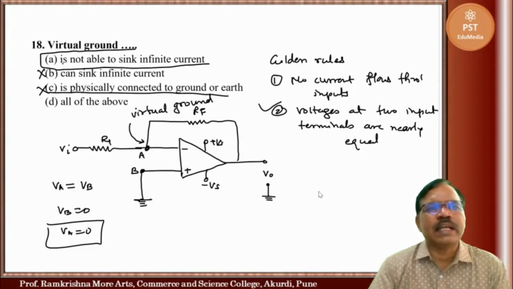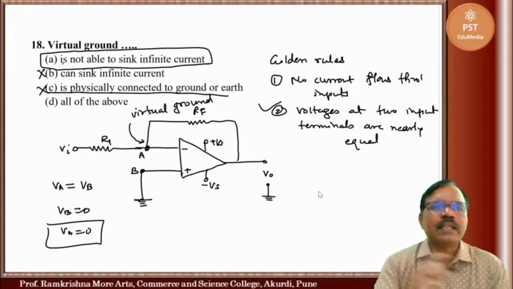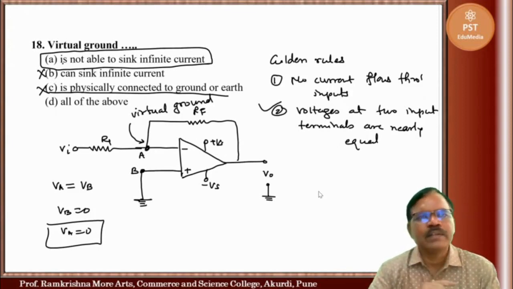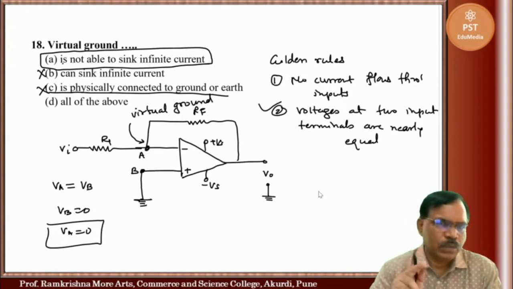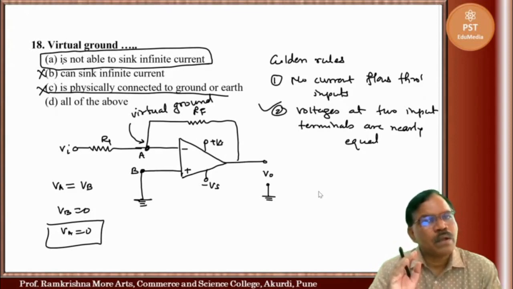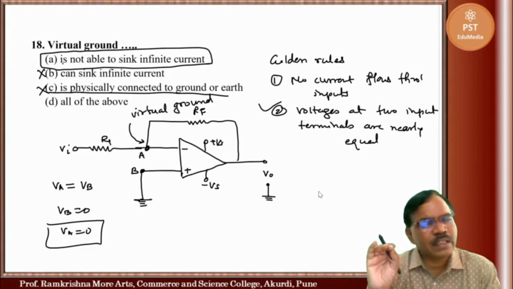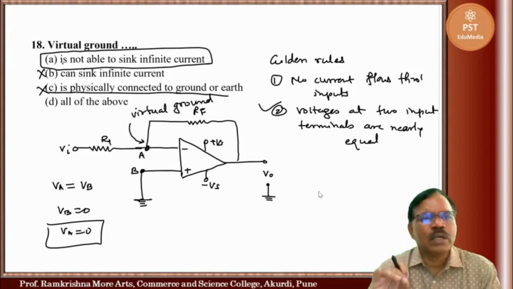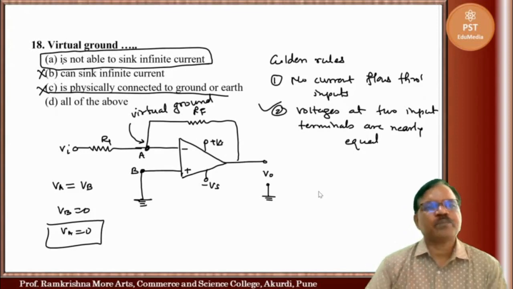So this one is correct, and that is the difference between actual ground and virtual ground. Virtual ground is not physically connected to the ground or earth. It cannot sink infinite current. Actual ground means it is actually at zero potential. Virtual ground means it is nearly at zero potential.